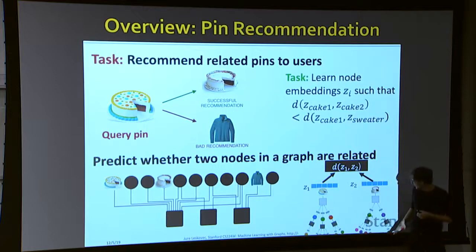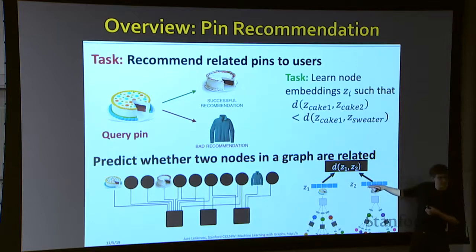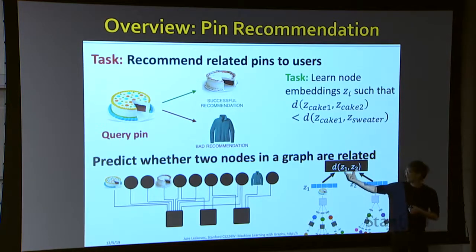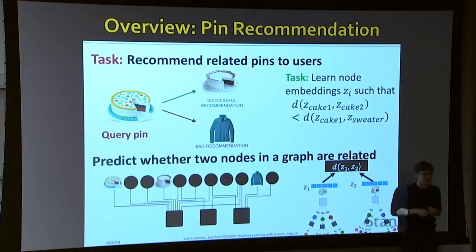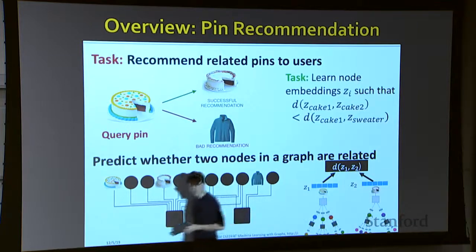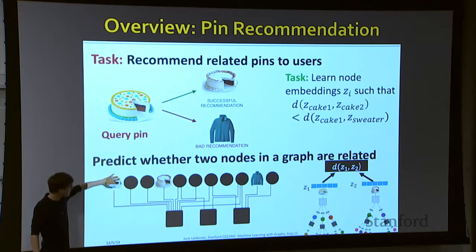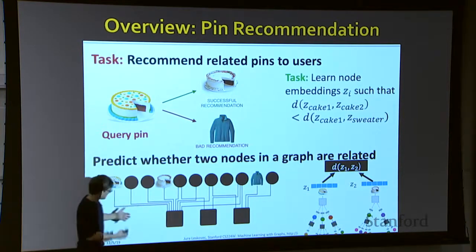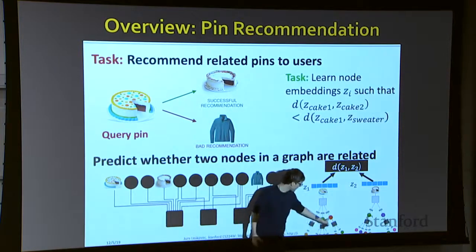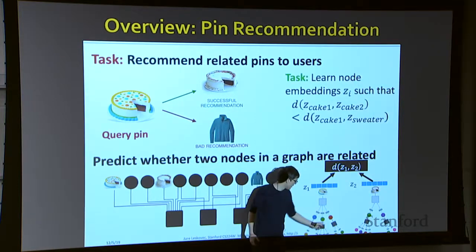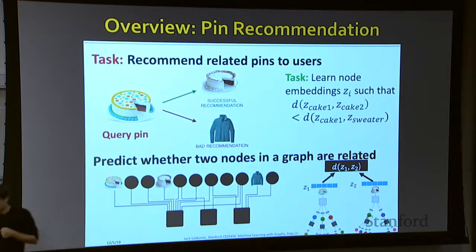We create an embedding for cake number 1 and an embedding for cake number 2, so that the distance will be small. And if this would be an embedding for the sweater, then the distance has to be large. That's the intuition. Rather than just computing the embedding directly from the node itself, we will also embed it based on the structure of this network, so that nearby pins in the graph will also provide information to the embedding of the pin.